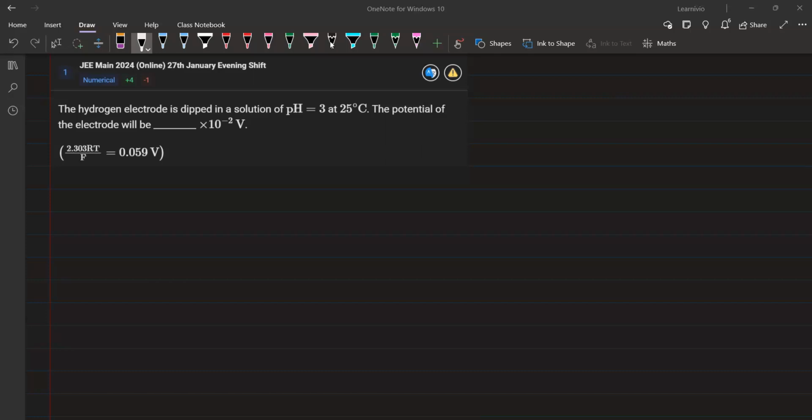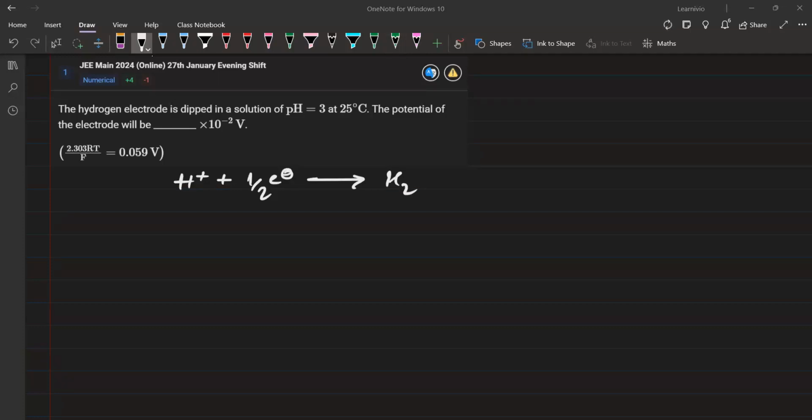Okay, guys, please see. The reaction that will be going on will be H plus, you can take half electrons, gives you H2. If you're taking half electrons, then you'll have to put half electrons in the equation also. But if you're going to balance it out, then it is going to be minus 0.